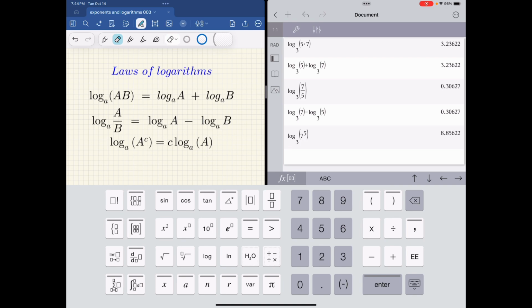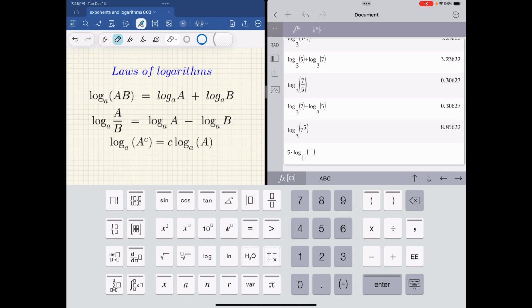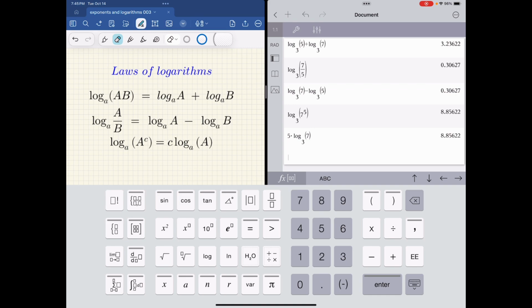And now let's look at 5 times log base 3 of 7. And the same answer. So that is an example of the use of the laws of logarithms and showing their correctness, at least in these numerical examples.